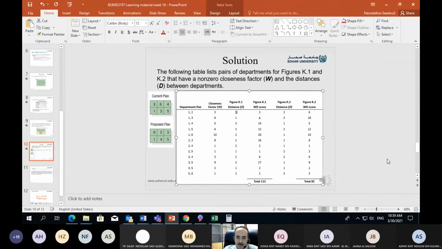That is the main idea. The distances are there. Now, how do I determine which of the 2 plans is better? After I calculate the score for each pair, I sum all of the scores. So when you sum all of these scores, you'll find 112 here and 82 here. And as a result, we decide.